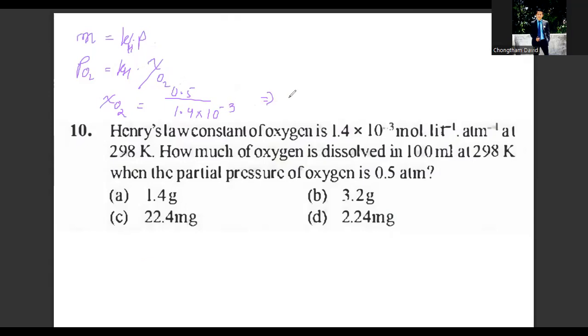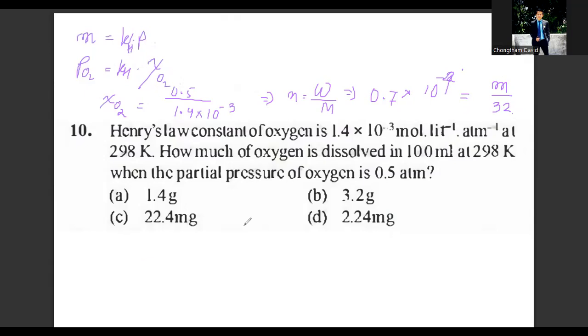And you know, number of moles is related as weight by molar mass. This n is given to you as 0.7 into 10 to the power minus 4. This would be equal to m by 32.